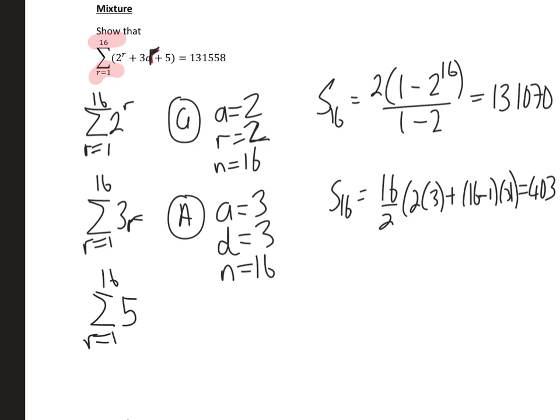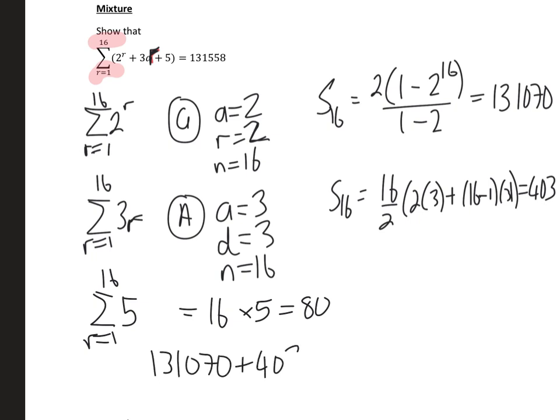Well, notice how that doesn't have any r's in, so that just means I'm adding 5 together 16 times. So that's just 16 lots of 5, which is 80. So my original sum is these three numbers added together. Oh, sorry, that should say 408, not 403.